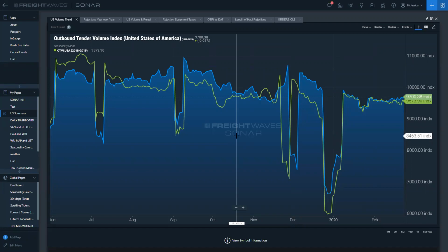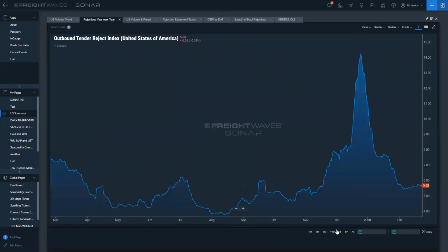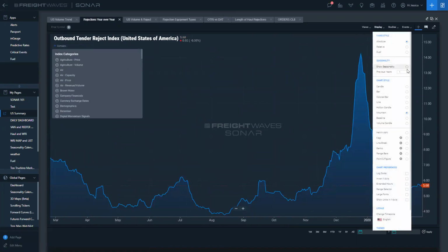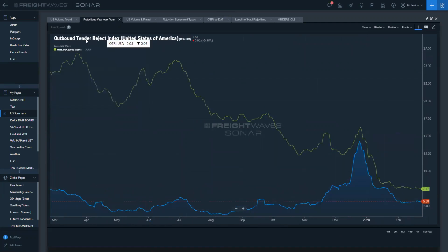The carrier sentiment to the market is our rejections. So if I hop over to our rejections, this is going to tell us the carrier sentiment to the market. I have year over year on here for the outbound tender reject index. There's a reason why people reject freight: there could be other options in the market, it could be price related, lane direction related, or weather.